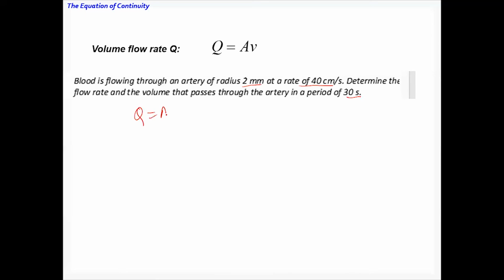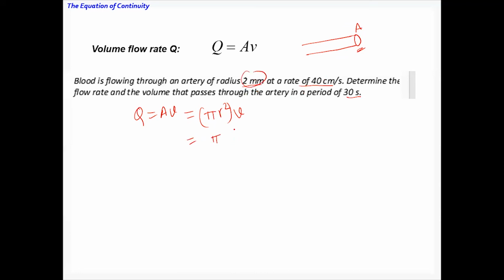Q equals AV, right? A is pi r squared, V is velocity. When I say A, I'm talking about the cross-section area of the artery, which is a circle, so pi r squared. The radius is 2 millimeter.